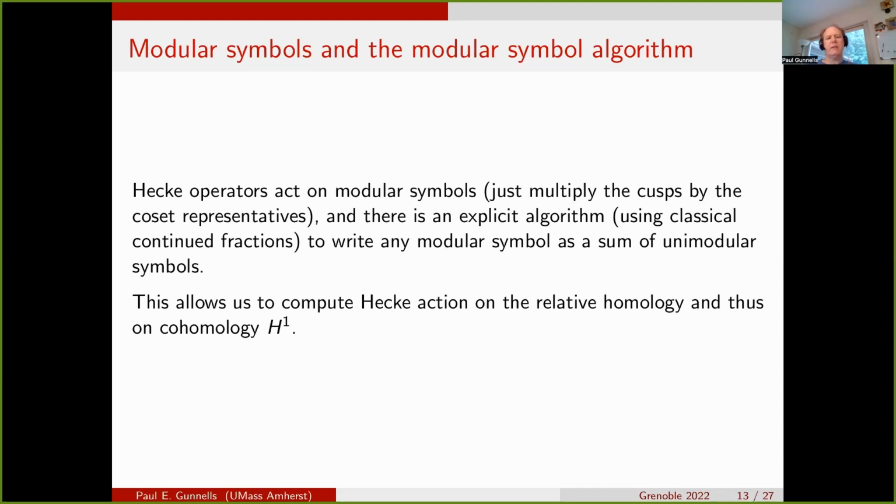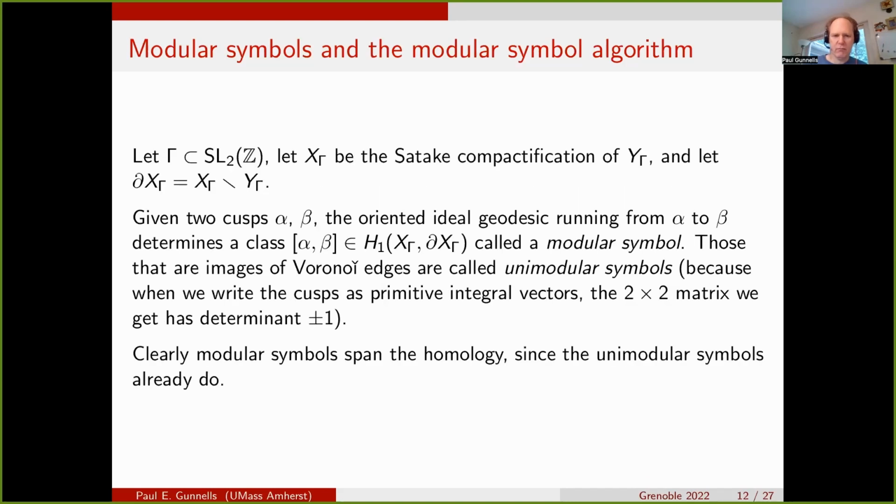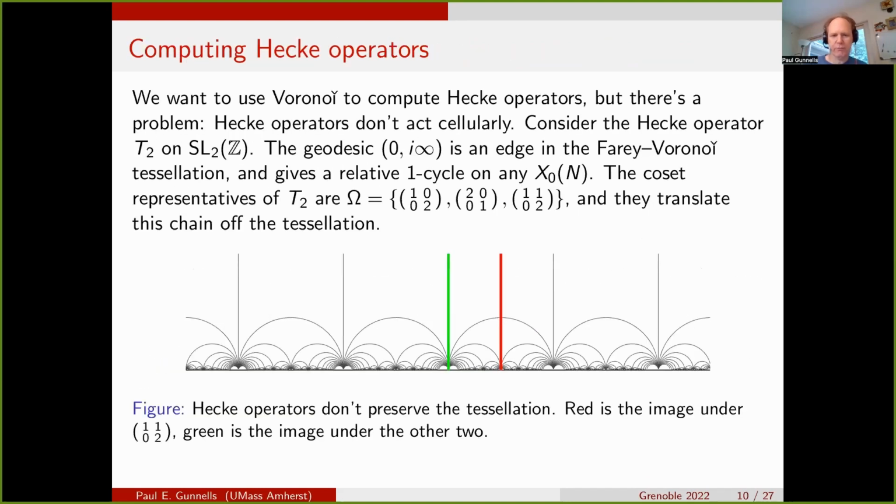So now the great thing about these modular symbols is that the Hecke operators act on them. Okay, what we do is we just multiply the cusps by the coset representatives, just like we did in this picture way over here.